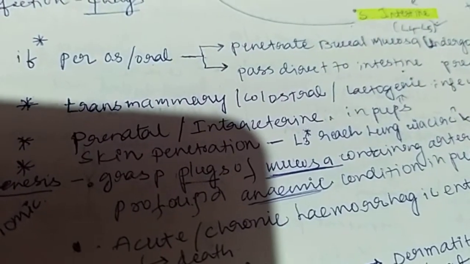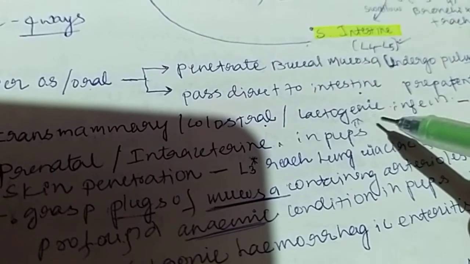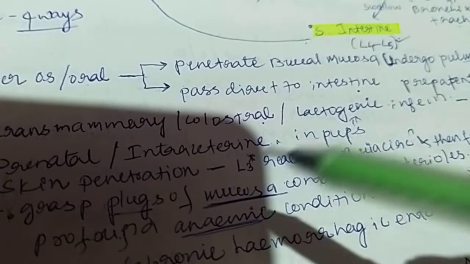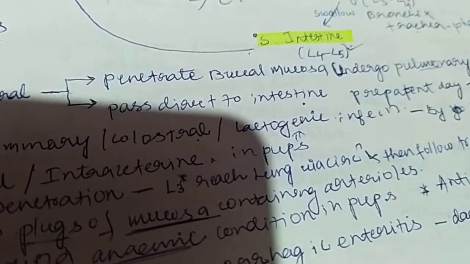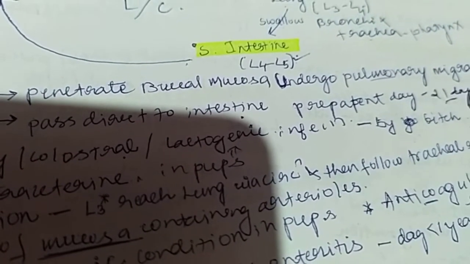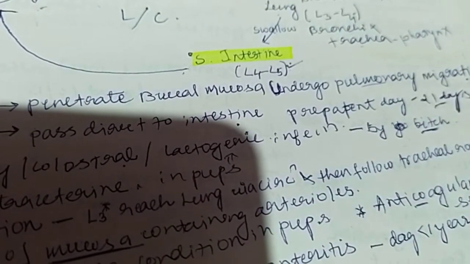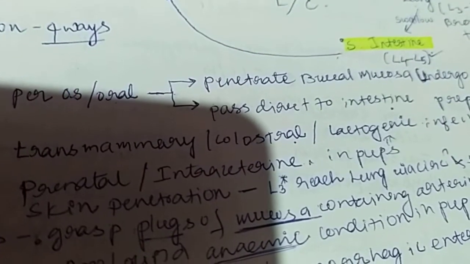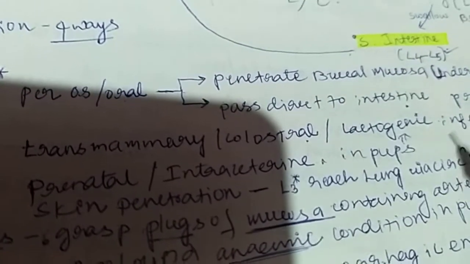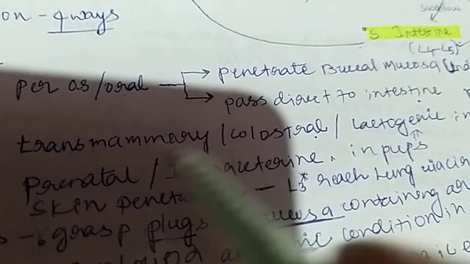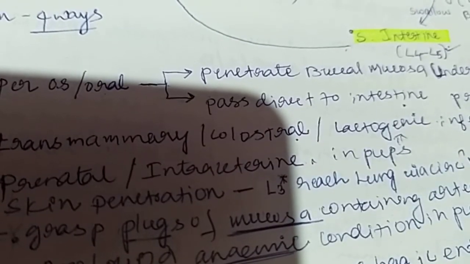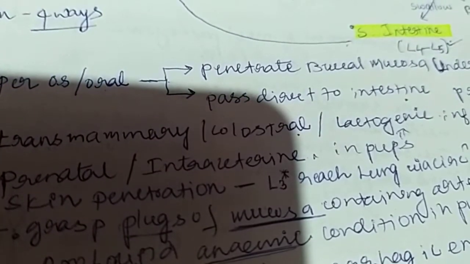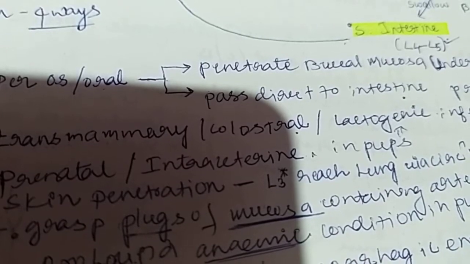And the next one is transmammary or colostral or lactogenic infection. By the term itself, you can get to know that this route is caused by the bitch, and whenever the pups take the infected milk of the bitch, from the milk those larvae will enter the pups, and this is the transmammary or colostral or lactogenic infection.